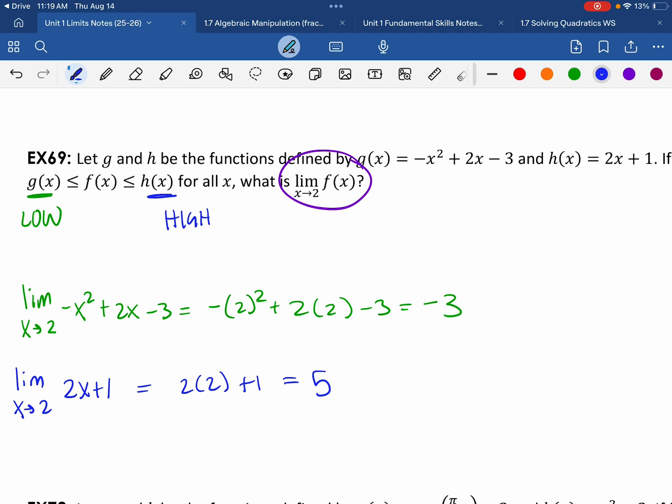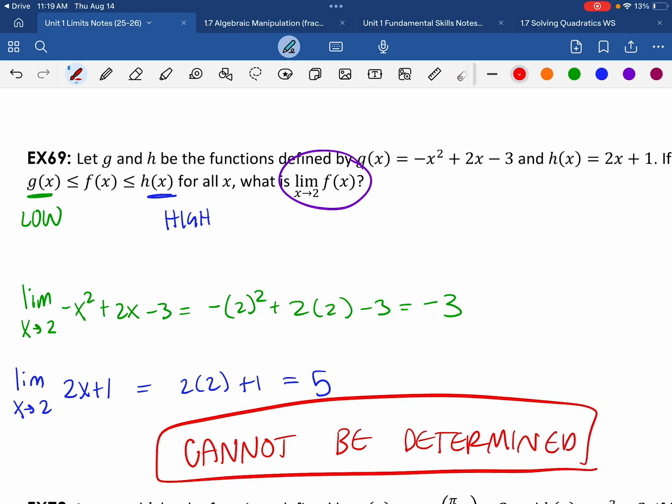Do we know where the middle function's going to be? No. And so what you're going to write, because you don't know, is "cannot be determined." A lot of times that question, I've seen it on a multiple choice. I've never seen one where you have to write "cannot be determined" on a free response.